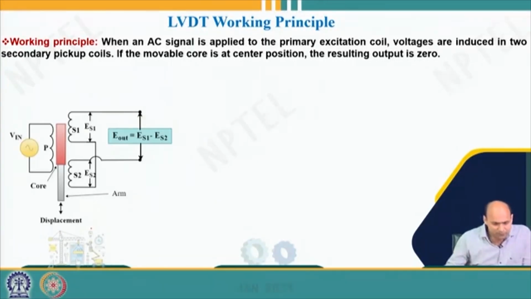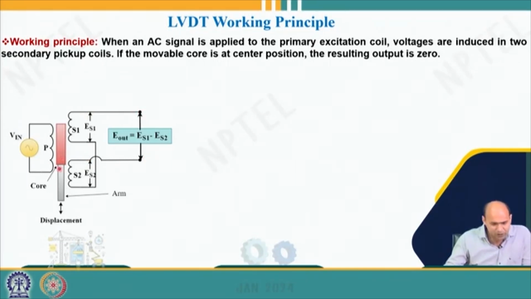So suppose this is your primary coil, okay, here Vin, that is the excitation voltage, I have applied over here, and these are the two secondary coils S1 and S2, and you can see they are connected in series opposition. Okay, so this one is connected to this terminal, and I am taking the output voltage across this terminal and this terminal, right.